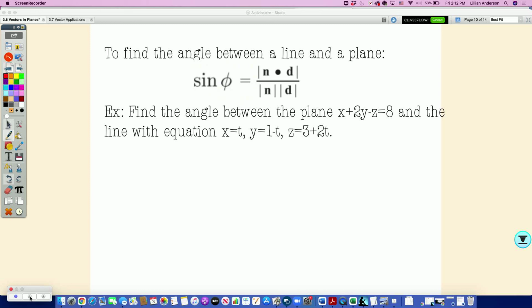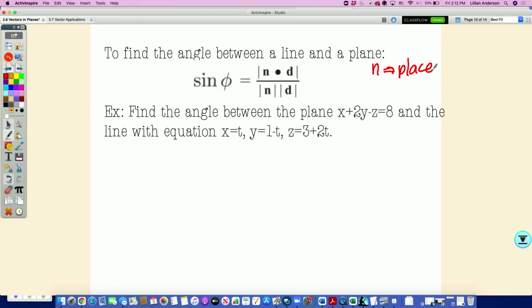N and D essentially represents the direction vector for the line, and that's what D is, the direction vector for the line, and N is the same N, the A, B, and C for the plane. So the N goes with the plane, the D goes with the line, specifically the direction vector of the line.